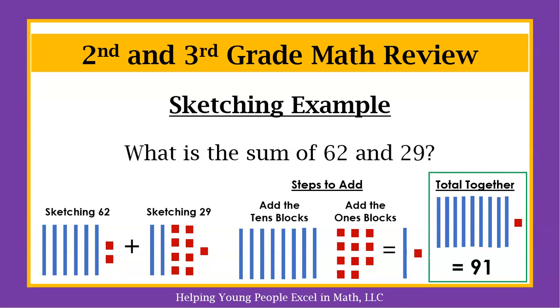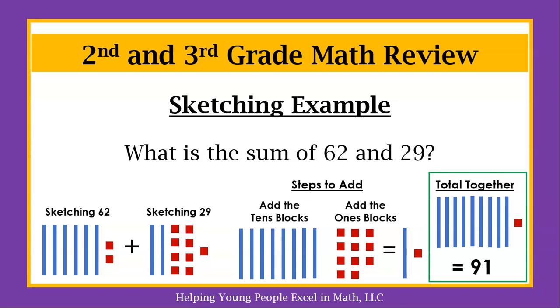Next, we're going to add the ones blocks. When we add all of the ones blocks together, we will end up with 11 ones blocks. Since we have 11, that is really 1 ten block and 1 ones block. We add that other ten block with our 10 blocks.